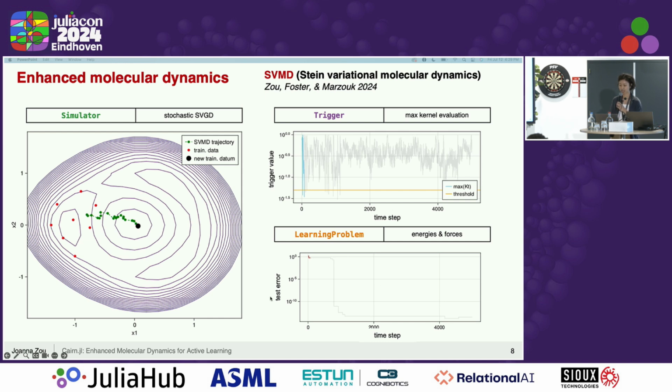So here's a quick demo of the method, where to the left we see contours of a 2D machine learning potential trained on an initial set of data in red, and the trajectory is shown in green. Here, the initial training data is concentrated in one well of the potential, and the goal is to see how efficiently our simulator can sample from the other well.